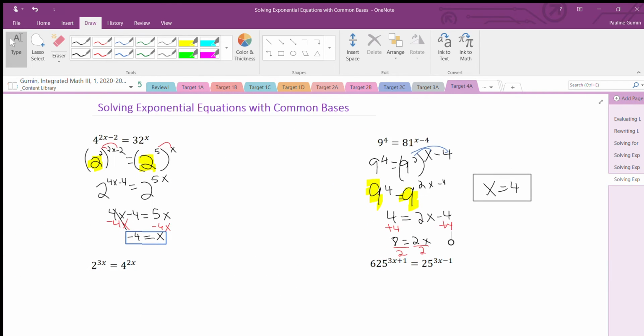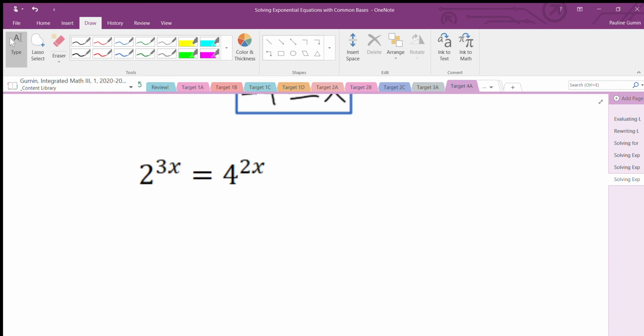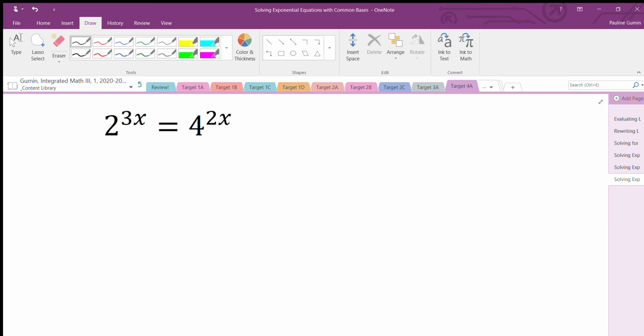Okay, beautiful. Let's continue. The next one I want to do is a funky one. I make sure to give this to my students every year because it is such a weird problem, but when you see how it's done. Okay, so I see a base of 2 and a base of 4, and I automatically know that 4 is 2 squared.